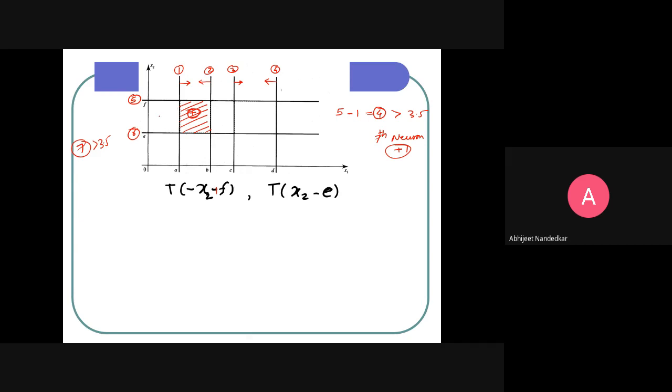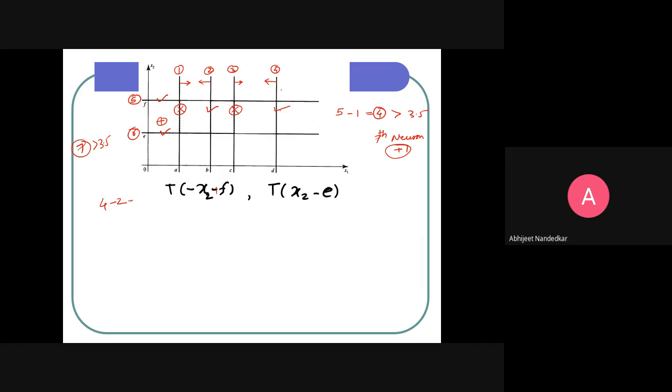Now suppose you stand here, what will happen? If you stand here, say here, then this is satisfied, this is satisfied, this neuron is not satisfied, this neuron is satisfied, this is not satisfied, this is satisfied. So 1, 2, 3, 4 neurons are fired in positive sense, and 2 neurons are fired in negative sense.